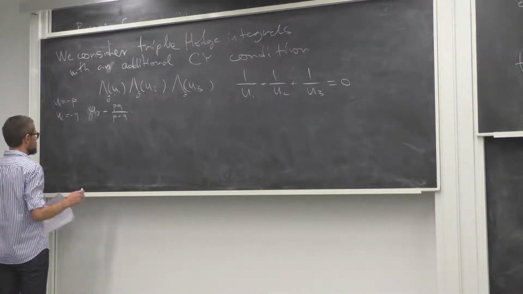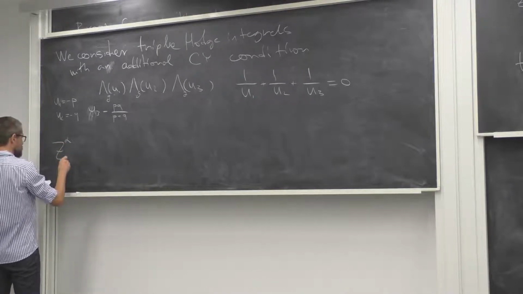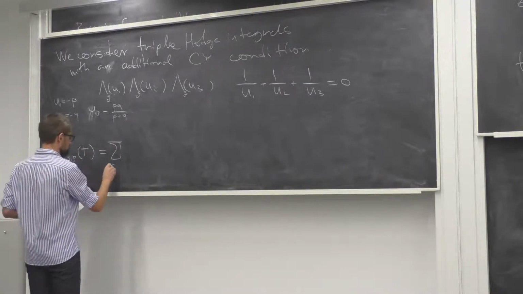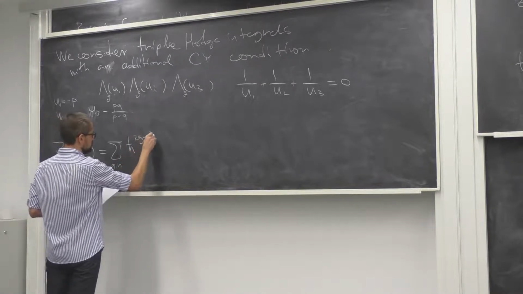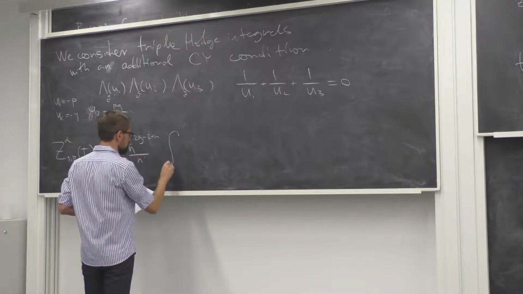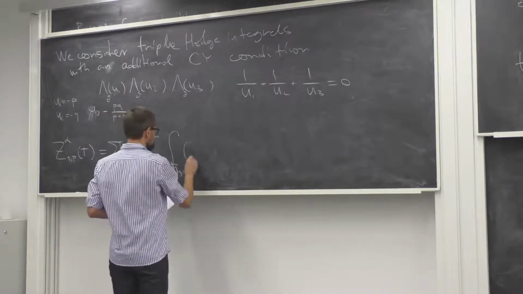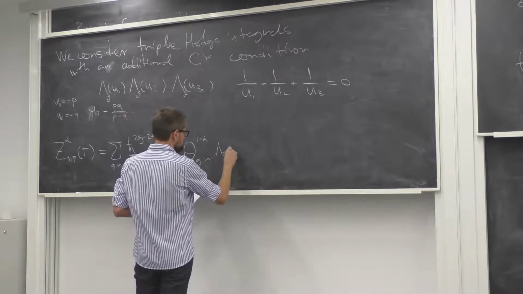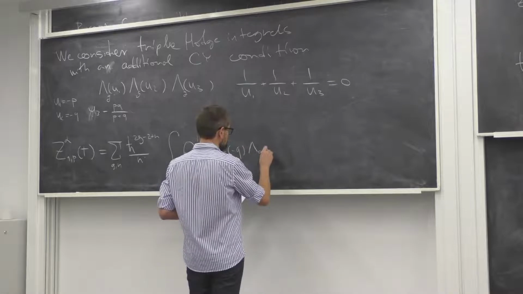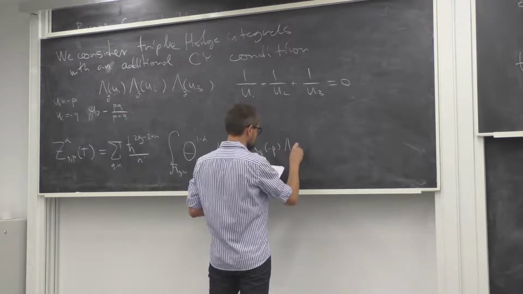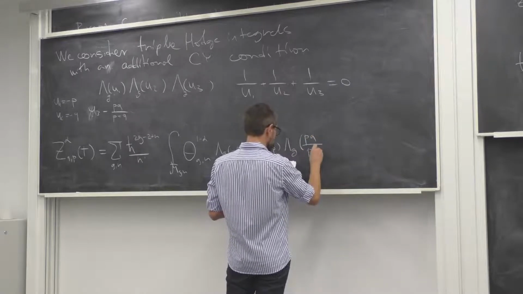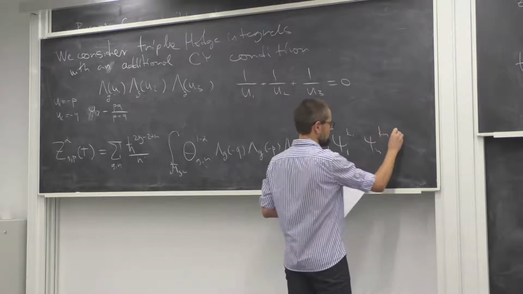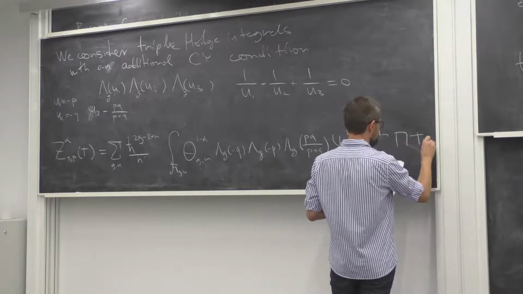And we again construct the generating function, taking a summation over g, m, h bar to g plus m, factorial, the same integral of the Hodge classes and the psi classes, product of tau k.